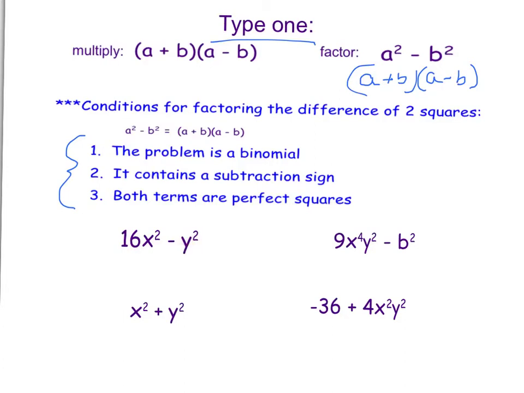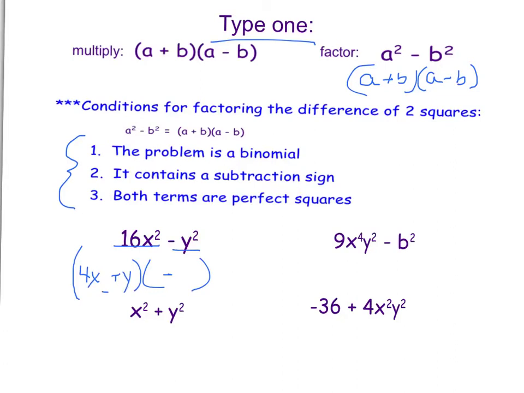So to get our factored form, which we know is going to be two binomials multiplied, one is going to be addition, one is going to be subtraction, you take the square root of the first term to undo that squaring process, and you take the square root of the second to undo that.